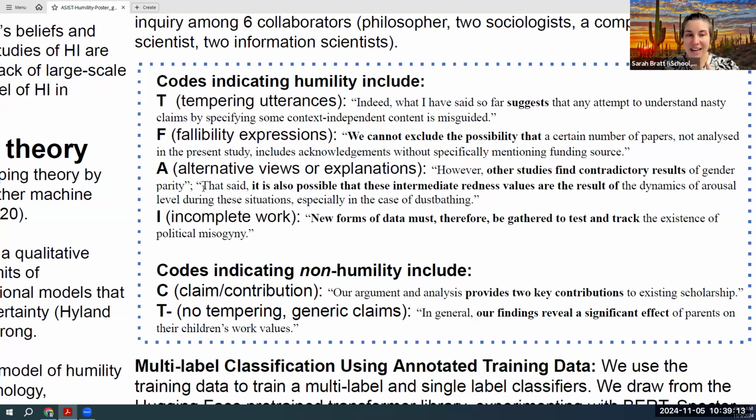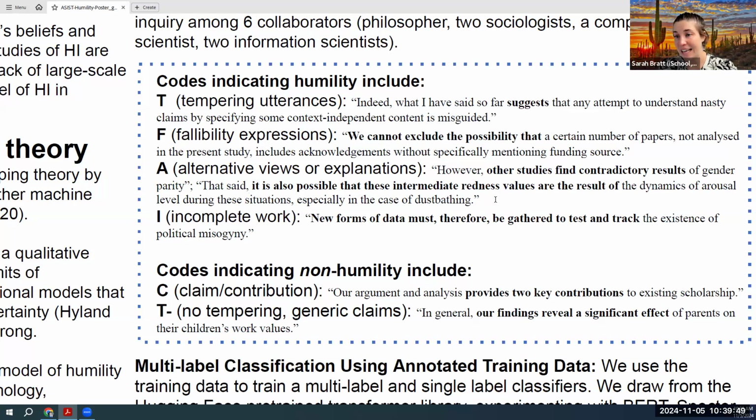But an interesting thing is if you acknowledge that another methodological approach could have been appropriate and maybe could have surfaced some other aspect of the phenomenon under study. So this kind of emerged after a little bit of discussion that, for example, you can say, "It is also possible that these intermediate redness values are the results of the dynamics of arousal level during these situations, especially in the case of dust bathing."